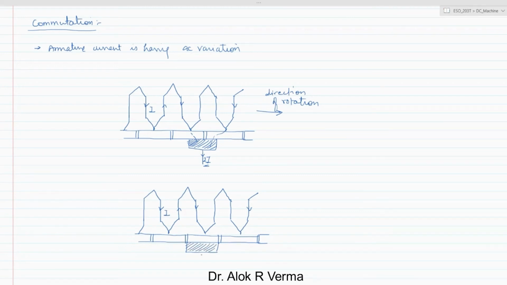When the brush is here, what do you expect? The current which is coming from this side and this side, the total current coming here is 2I, correct? The same current from this side and this side is being collected by this brush.